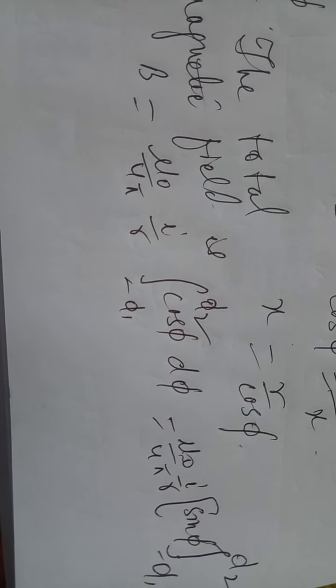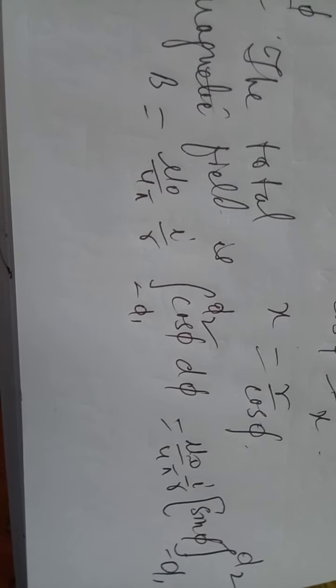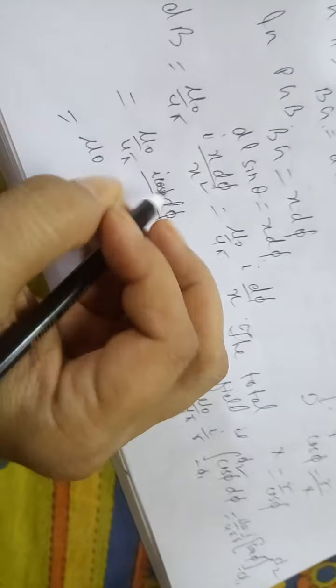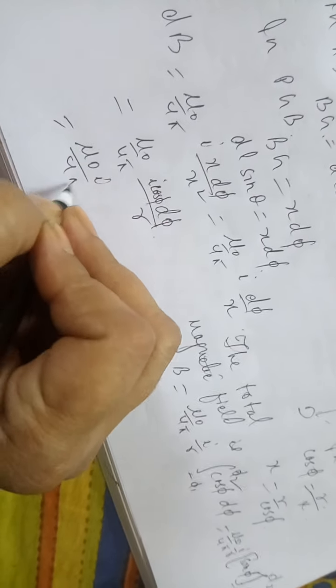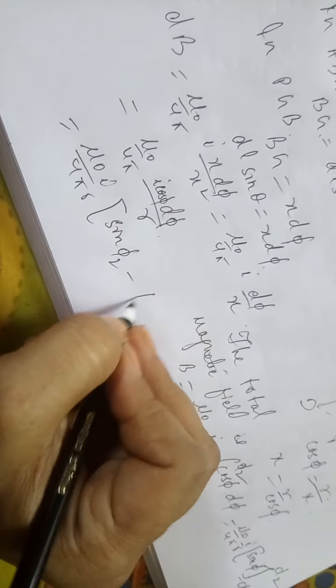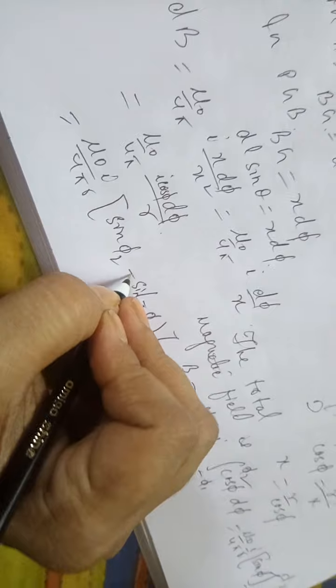We get mu 0 I by 4 pi r times sin phi 2 minus sin of minus phi 1. So B equals mu 0 I by 4 pi r times sin phi 2 minus sin of minus phi 1. So this becomes minus plus.